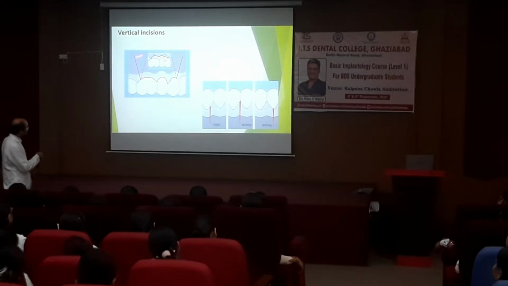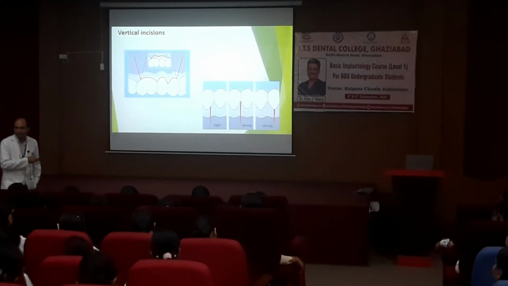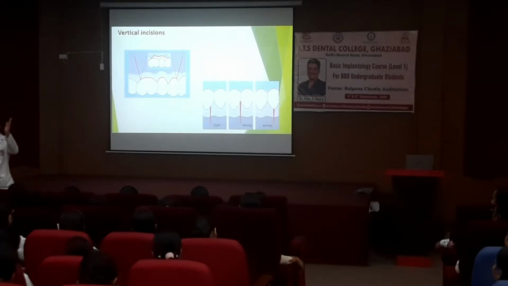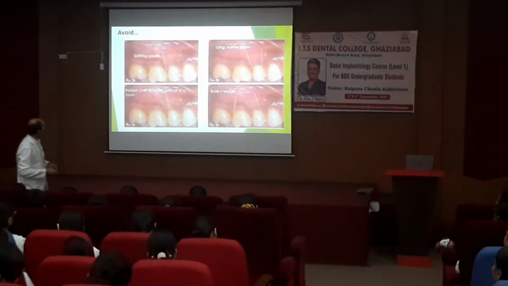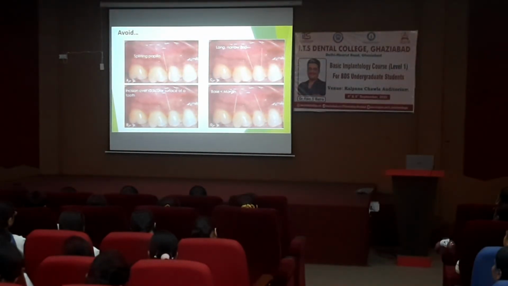Basically, your base should be broader. Can you see the divergence? Okay. So these are the things you have to remember. You can't split the papilla. It can't be long and narrow. Okay. So even if you see this is on line angle.